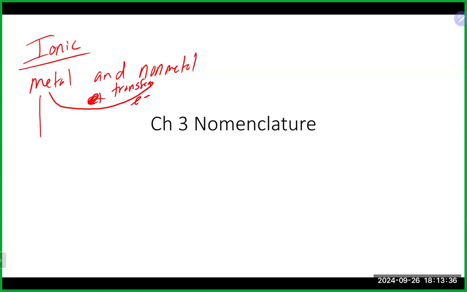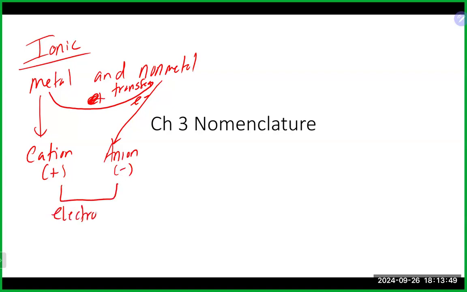The result of that, as we talked about, is a cation being formed that's positively charged, and from our nonmetal, an anion that is negatively charged. That's going to yield an electrostatic attraction. Opposites attract. And again, no sharing of electrons happening.